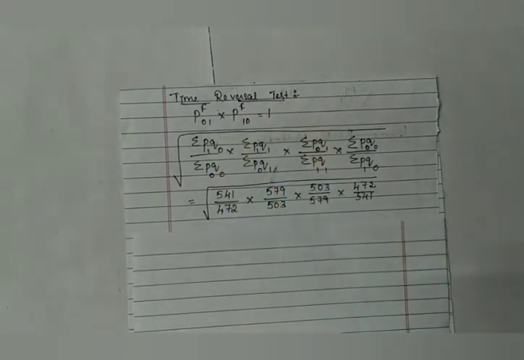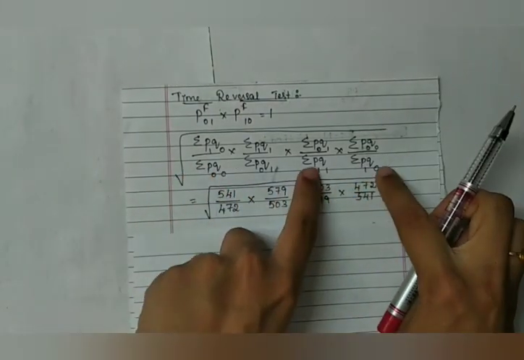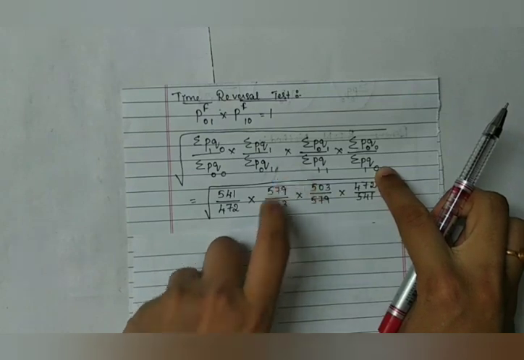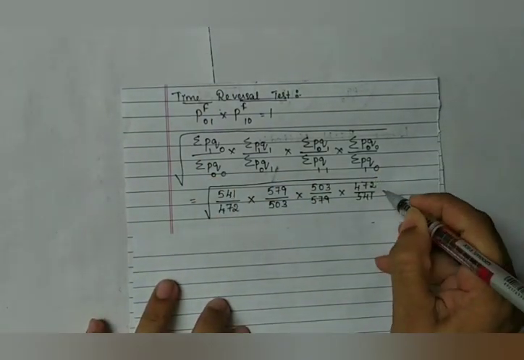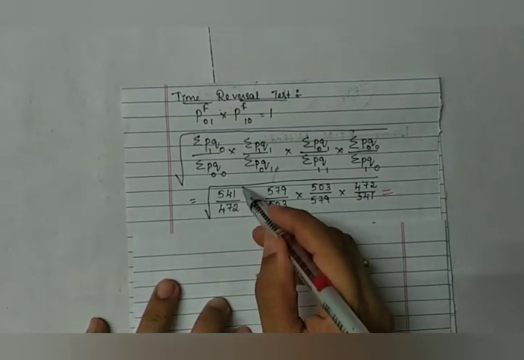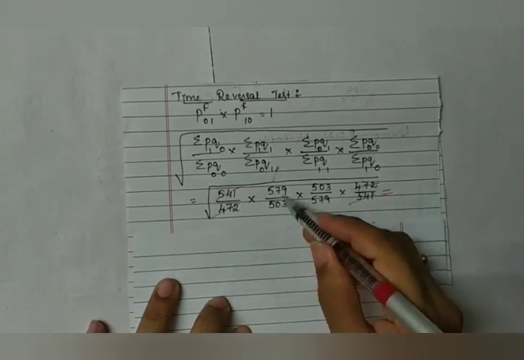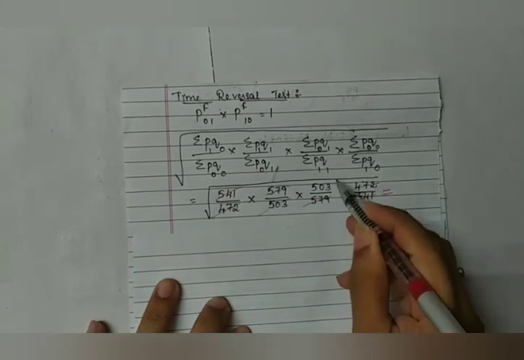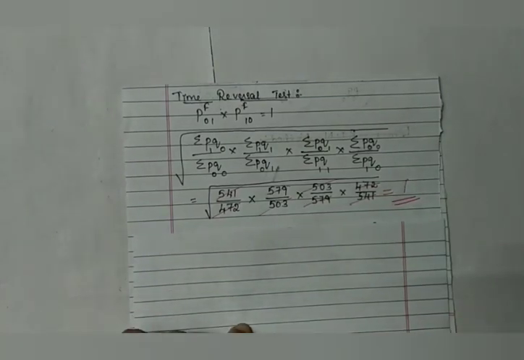First, let's go for time reversal test, how it satisfies. Okay, this is the actual formula and this is TRT, these two. So accordingly we filled. Okay, now let's start. 541 cancel, 472 cancel, 579 cancel, 503 cancel. That means time reversal test is satisfied with Fisher's index number.